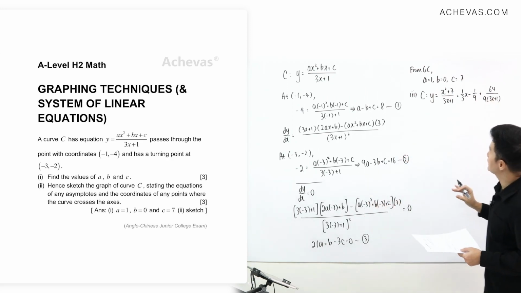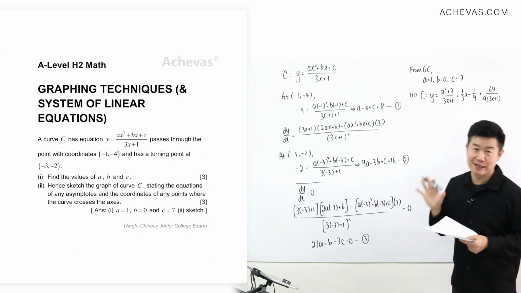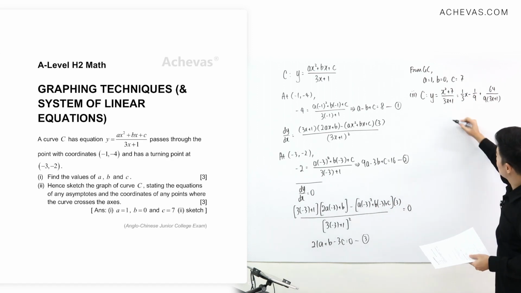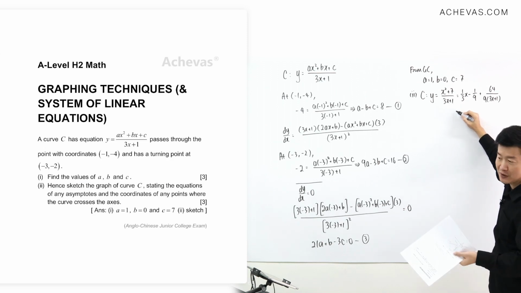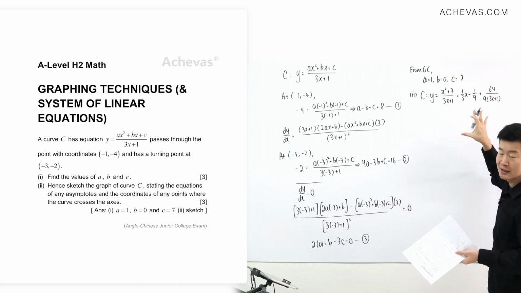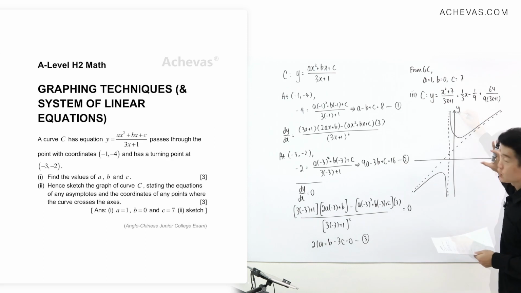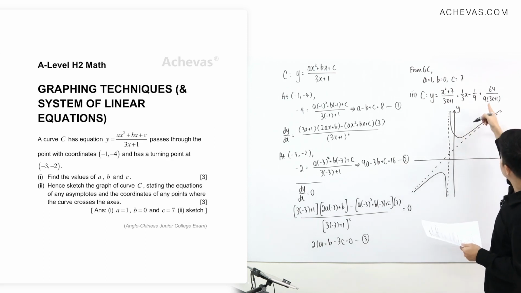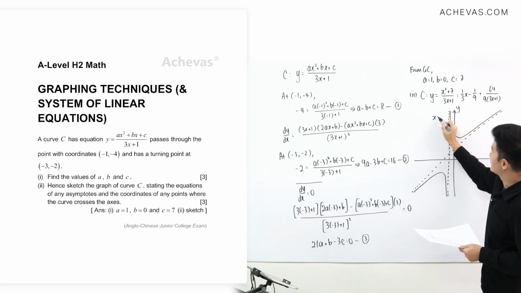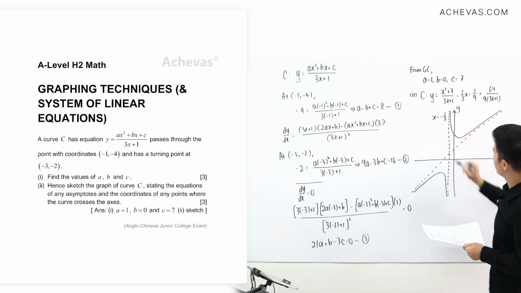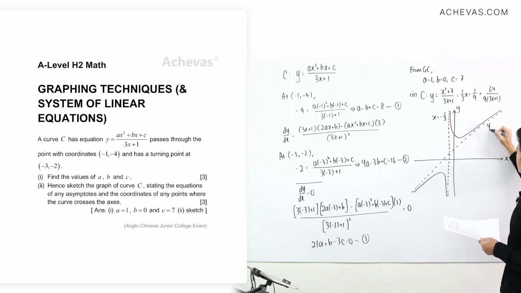So let's try to sketch this. We should sketch the asymptotes first. So let me sketch in the axes, then the asymptotes, then I'll use my graphing calculator and complete the entire graph. For my graph, the vertical asymptote is going to be x is equal to -1/3. The oblique asymptote will be y is equal to 1/3 x minus 1/9.